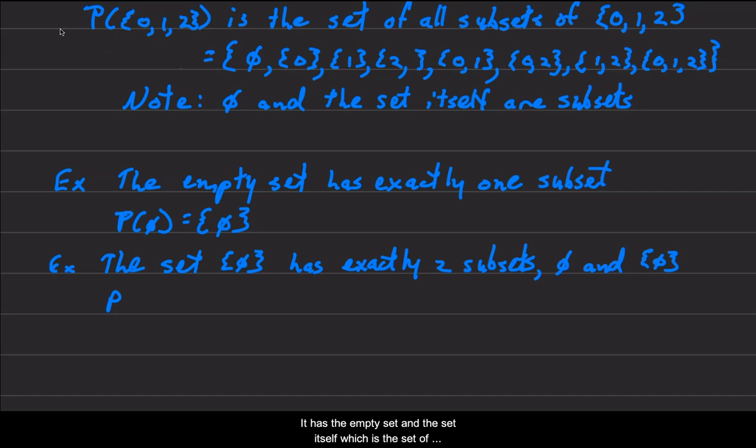So the power set of the set of the empty set is equal to the set of the empty set as well as the set of the empty set. Okay?